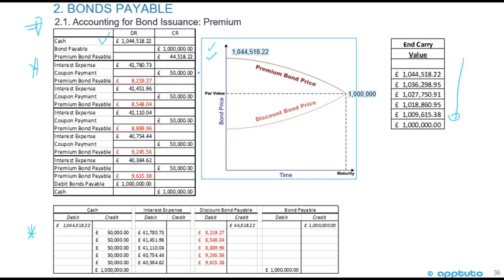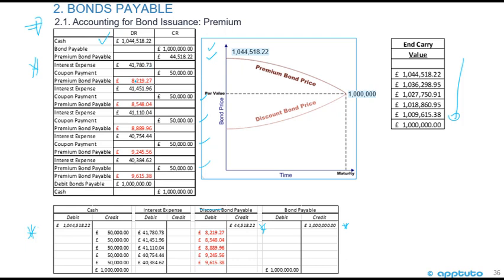The coupon payment never changes. Credit cash $50,000, five times. So you can see my interest expense is lower than my coupon payment, so it must be a debit to that account. You can see that down here in the T accounts as well. I'm going to debit my initial cash, credit my bond payable $1 million, but my debits are greater than my credits, so it has to be a credit to the premium on the bond payable.